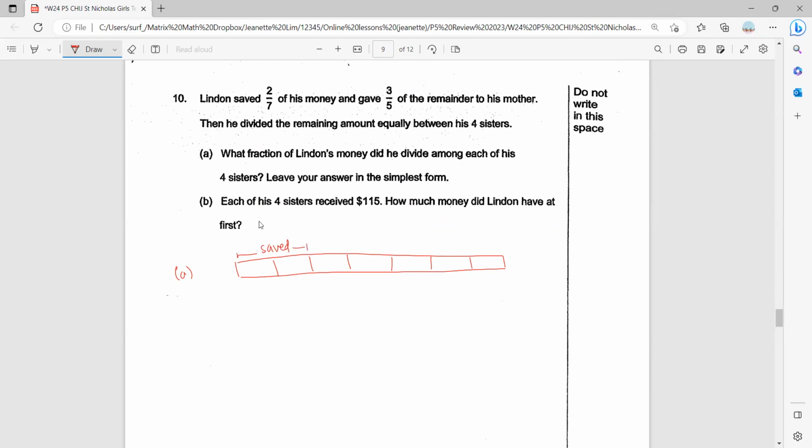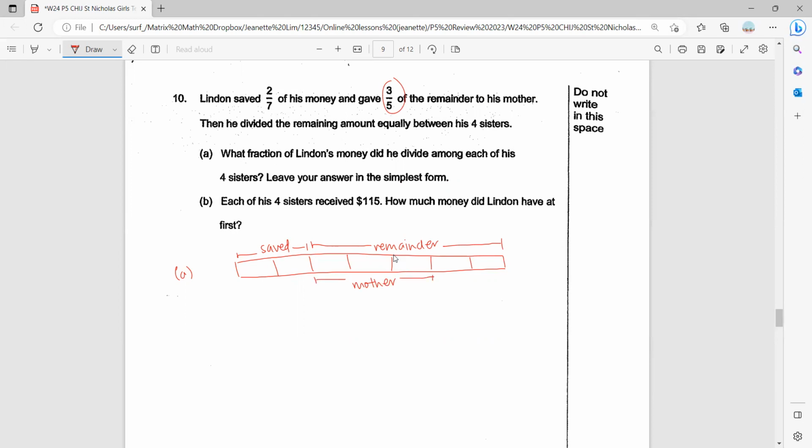Then we have 3/5 of the remainder. So this is the remainder. The 5 units is the remainder. Now I want 3/5, and just nice, I have 5 units. So I can just take 3 units for the mother.